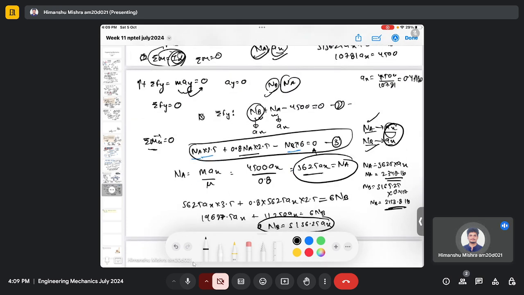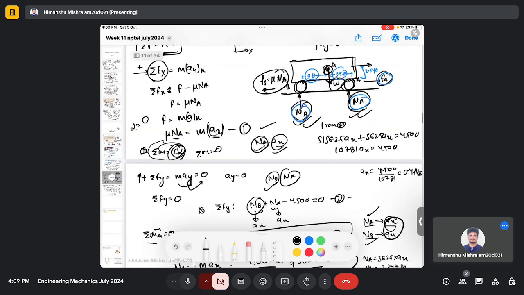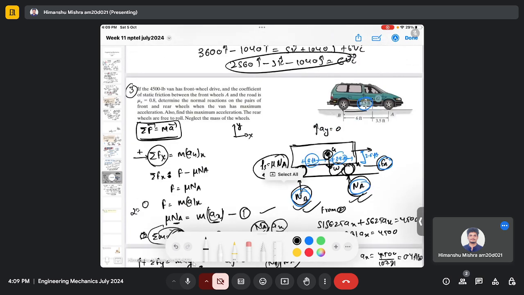Now it is all algebra. We have three equations and three unknowns, and we got the three unknowns by solving these three equations. So let's move to the next problem.